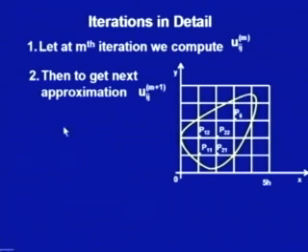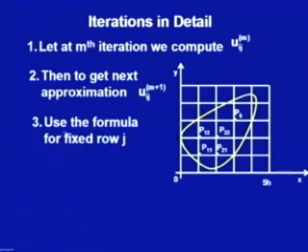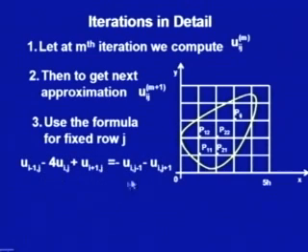We use the jth row formula, that is, for fixed row j we use the formula. We substitute the mth approximation on the right side, and the left side gives the m plus 1 values.